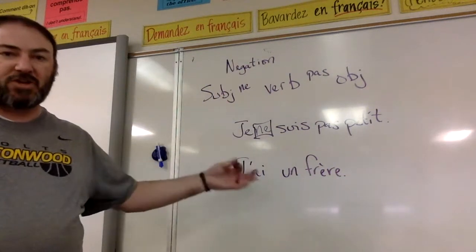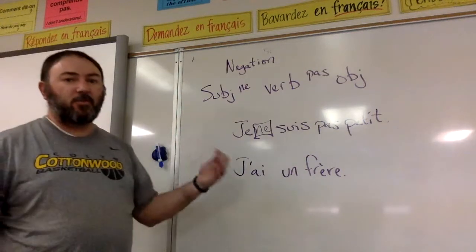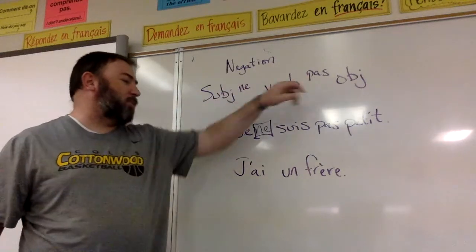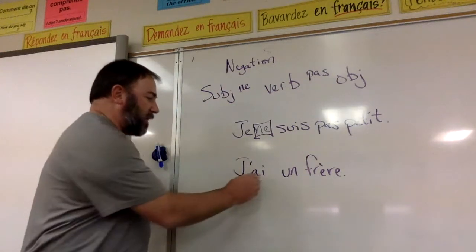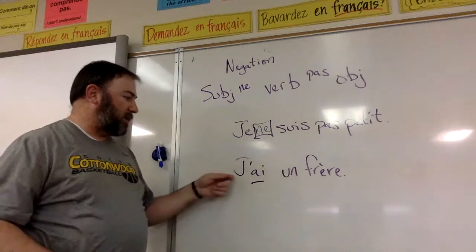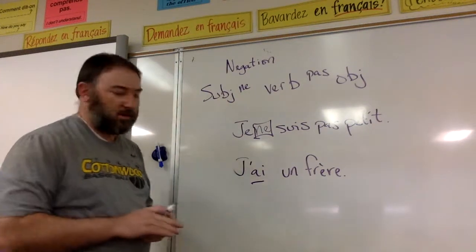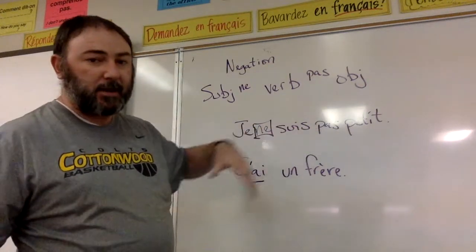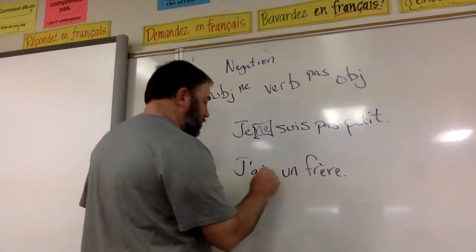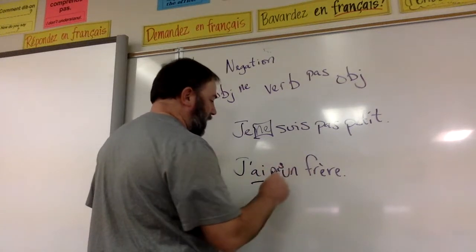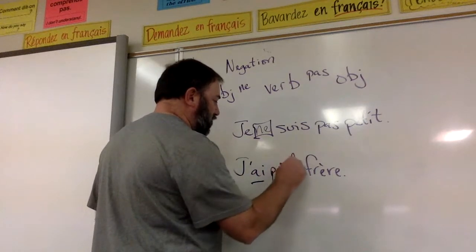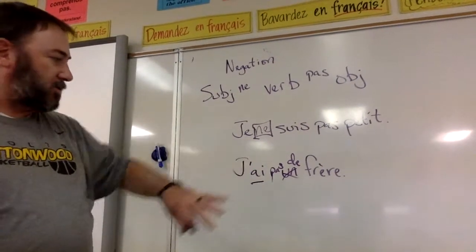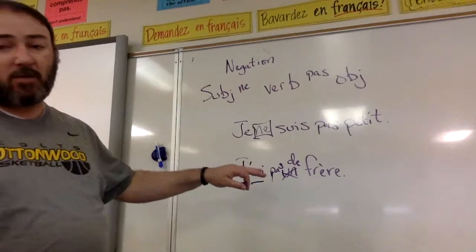This says I have a brother. But if you want to make this negative, as we remember, you put the ne and the pas around the verb, which is right here. But it's J apostrophe. So if you're going to be speaking it, you could always say j'ai pas, and then this is actually going to change to de frère for another reason in another video that we're going to talk about later, so I probably shouldn't use this example, but I'm going to use it anyway.